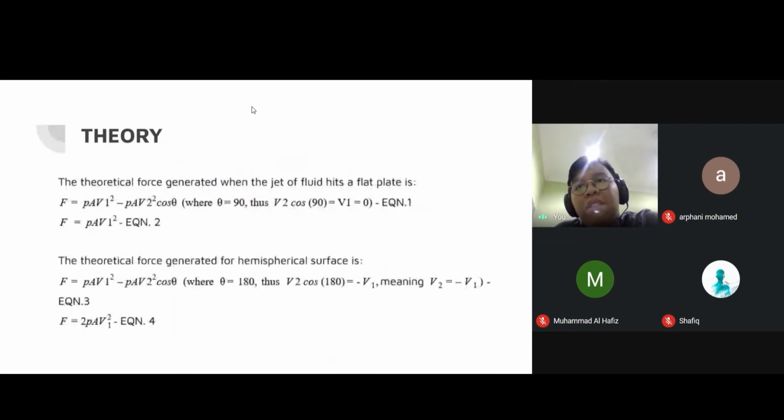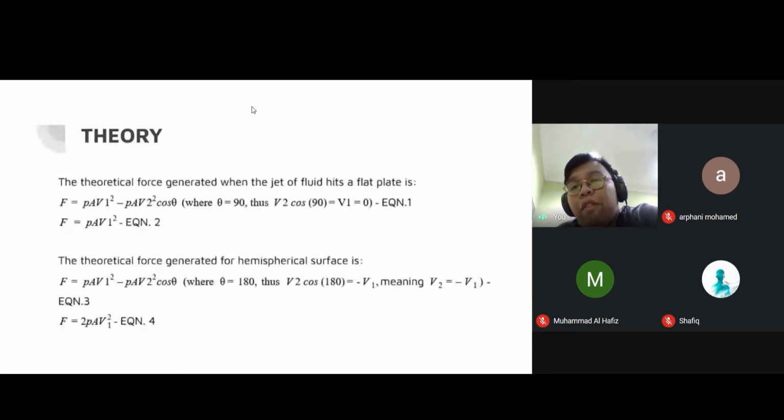These are the formulas that we are going to use in our calculation for raw data analysis. The theoretical force generated when the jet of fluid hits a flat plate is F equals rho A V1 squared minus rho A V2 squared cos theta, where theta is 90 degrees.